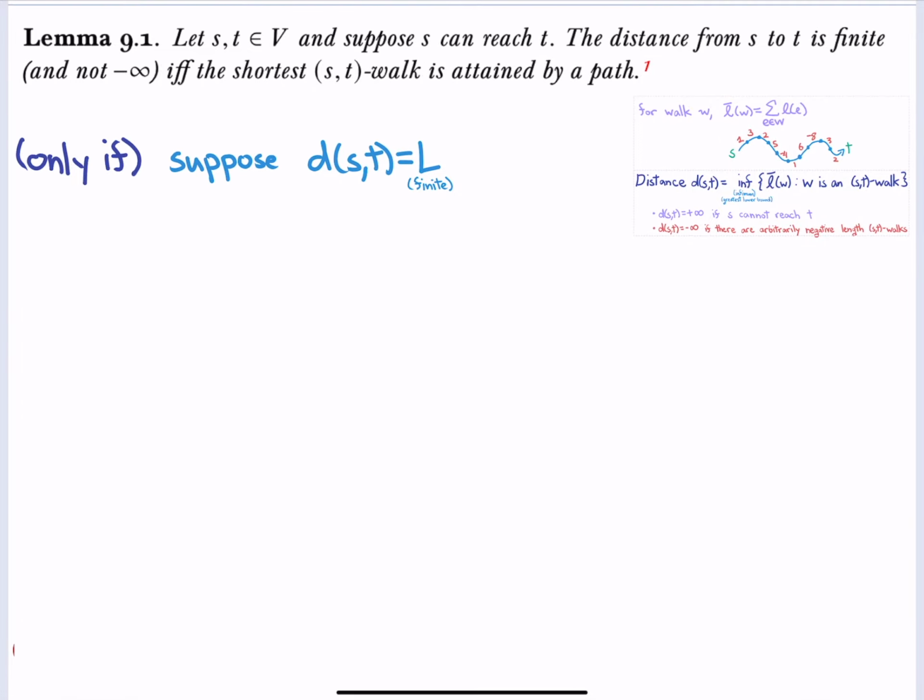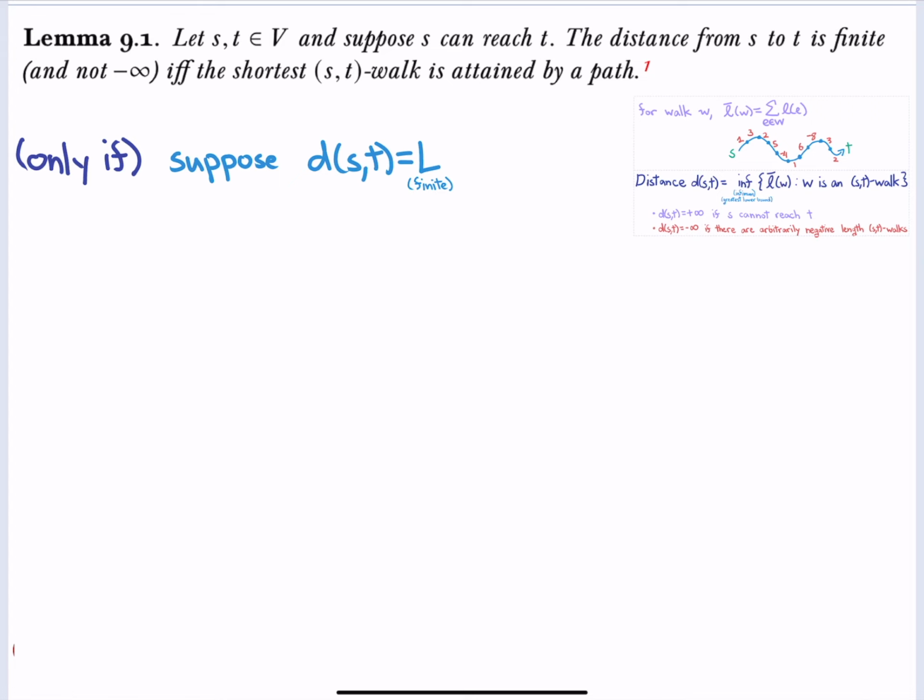Here's the more fun direction. Now suppose the distance from S to T is finite. So there's some number L, there's nothing smaller than L, and there are walks of length L from S to T. This is the interesting direction of the claim.